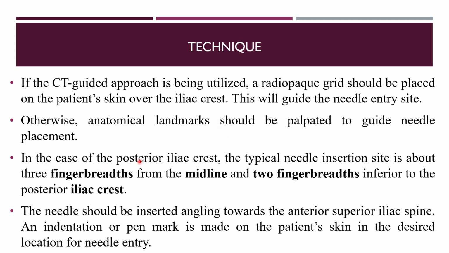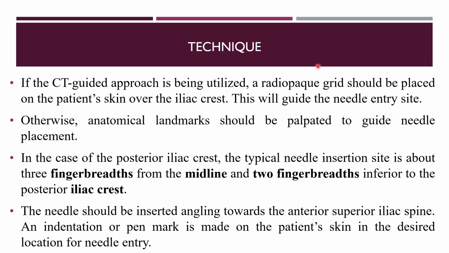Usually, in some cases, they use the finger breadths from the middle and two finger breadths inferior. These locations were previously found like this, but now we have very advanced techniques, so we can directly visualize where the iliac crest is located.